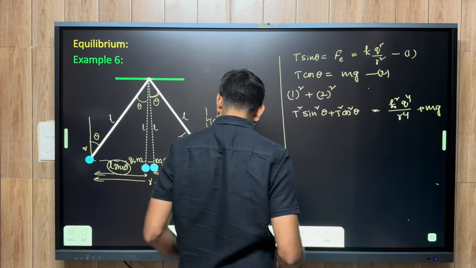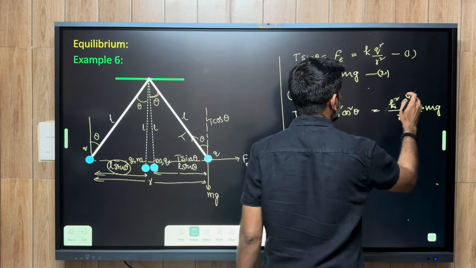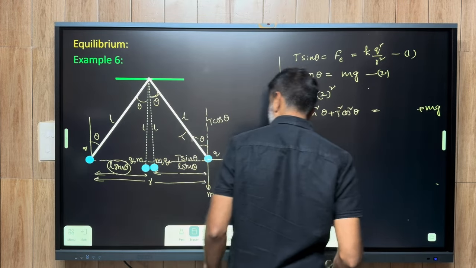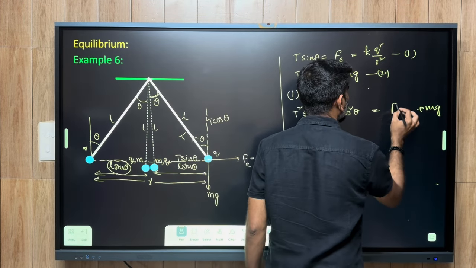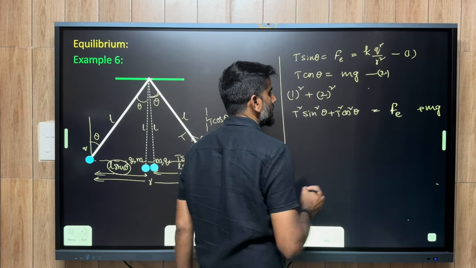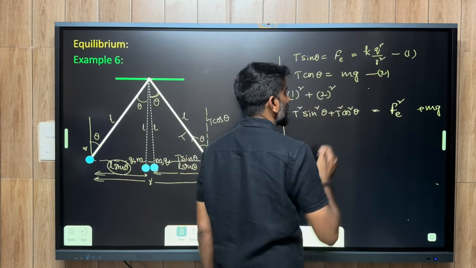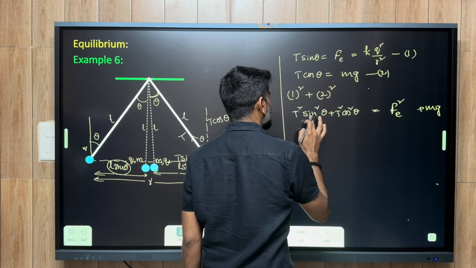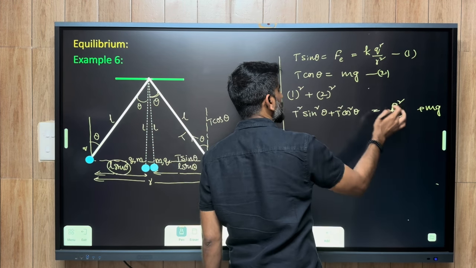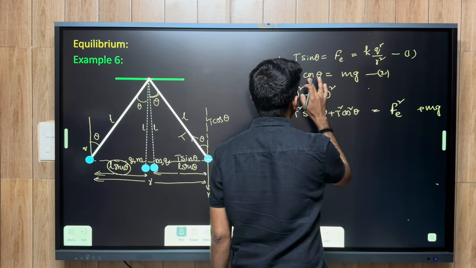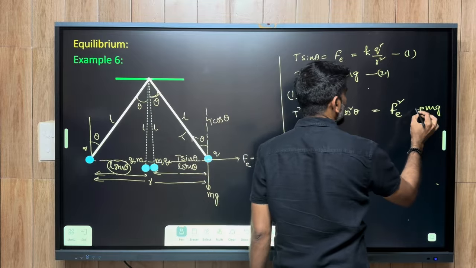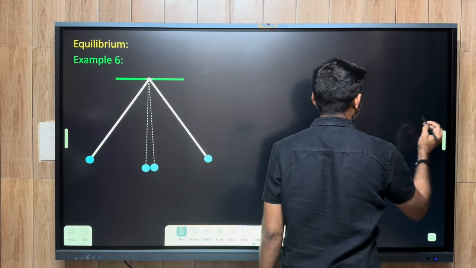Instead of writing the entire terms, I am going to simply write Fe square. T sin theta whole square means T square sin square theta is equal to Fe square, and T cos theta whole square means T square cos square theta is equal to mg whole square.